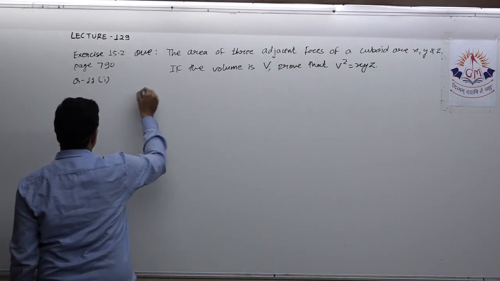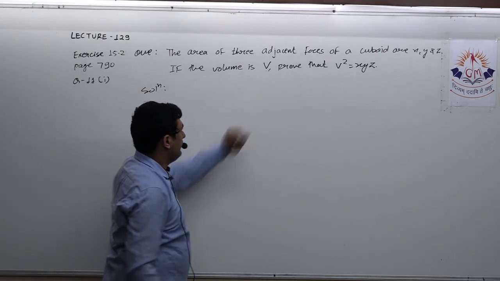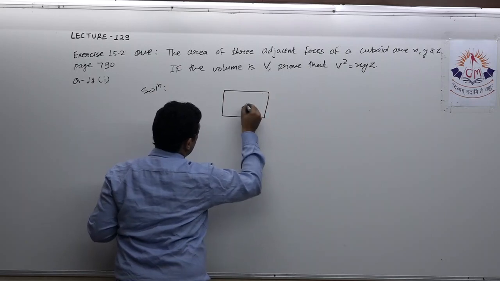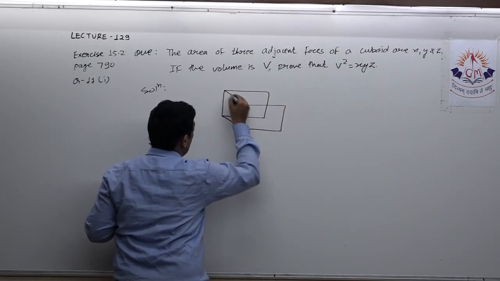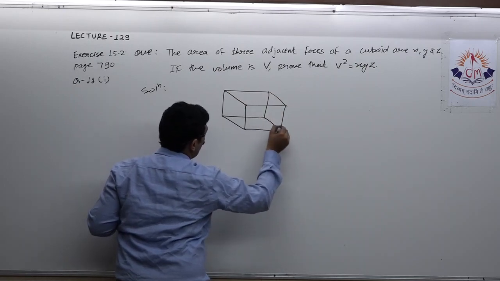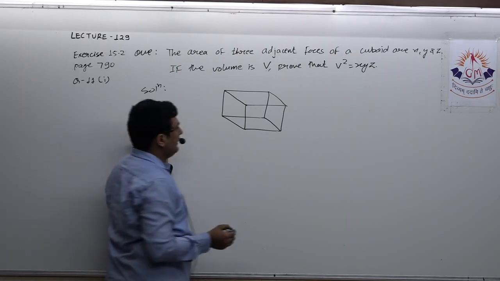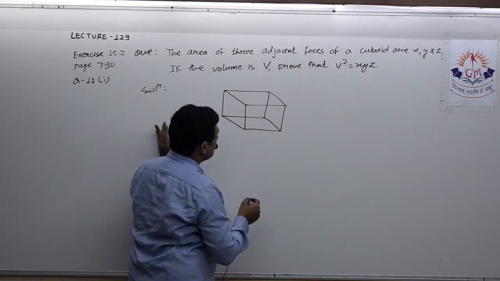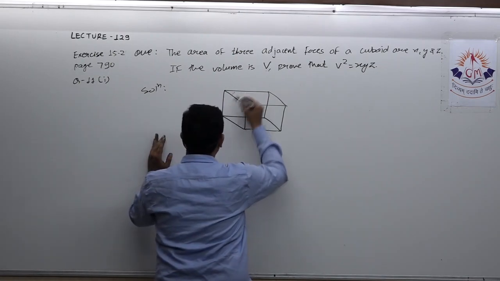Okay, so let us see how to solve this. It is given the area of three adjacent faces. So if I draw a cuboid in this way, now three adjacent faces. I take a face on the left side, another face at the bottom, and this front one.